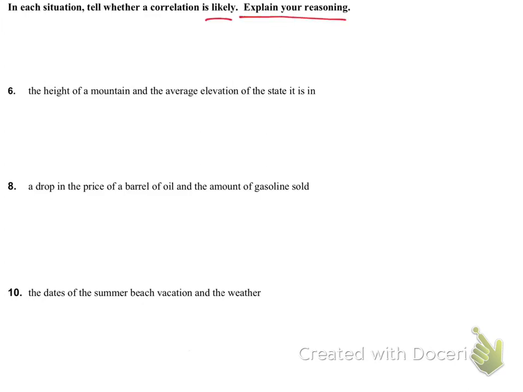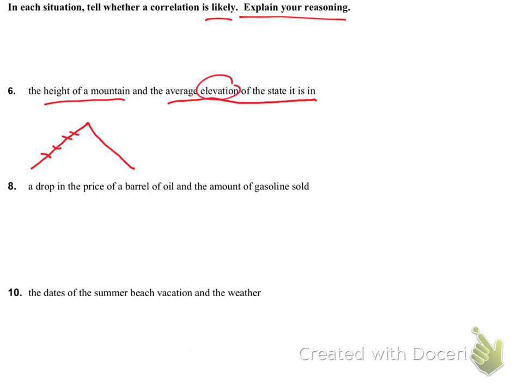So for number 6, it tells the height of a mountain and the average elevation of the state it is in. Do those two correlate? So if you look at a mountain, so the higher you get, what happens to the average elevation?